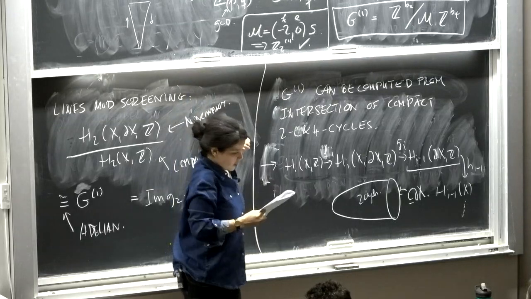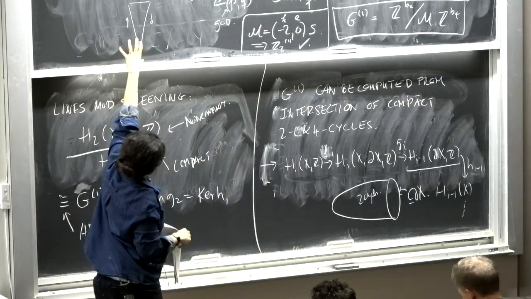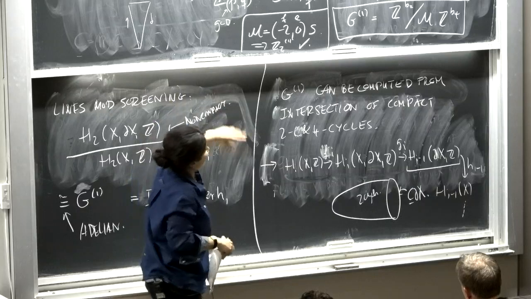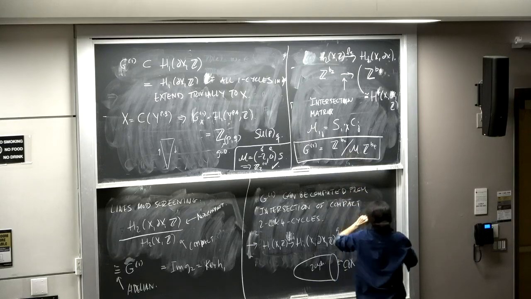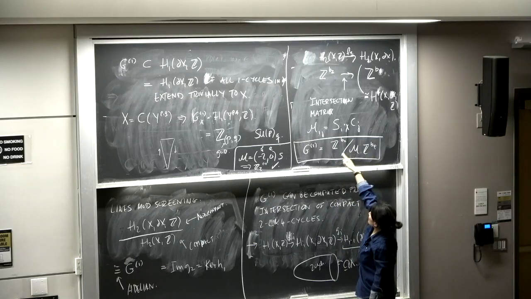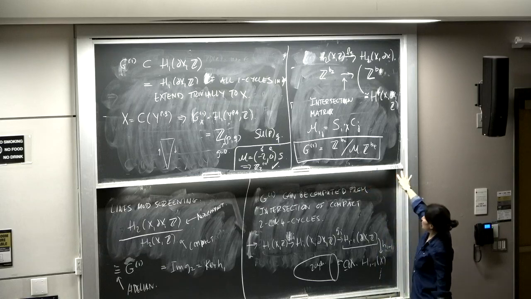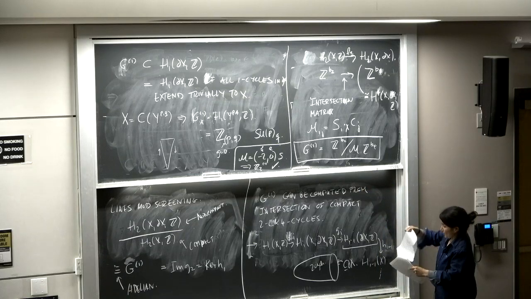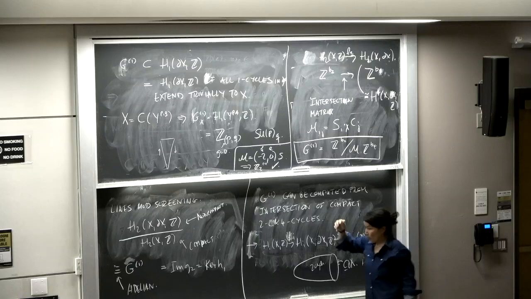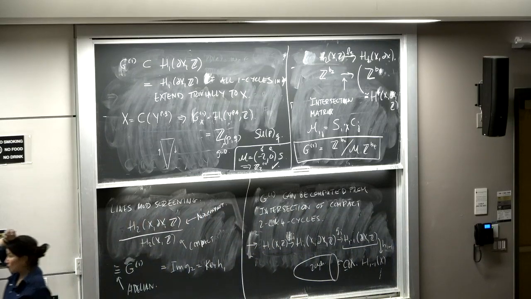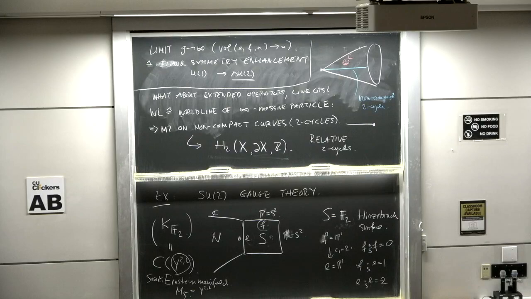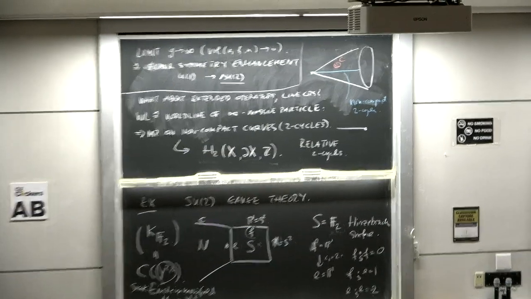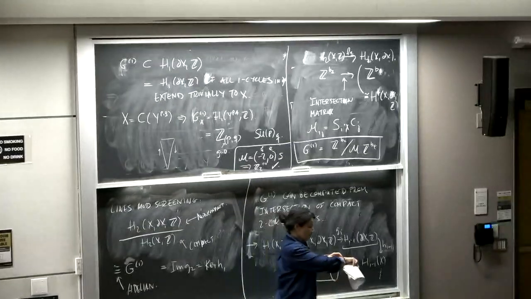So either you know what the 5-manifold is and you compute the first homology, or you know the intersections of compact curves and compact surfaces, and then you compute essentially this quotient of this one lattice over the other. Cool. So that explains how from the non-compact curves in the geometry we get line operators. When we take into account screening, we get the one-form symmetry, and indeed this seems to be consistent with the picture that this actually is engineering an SU2 gauge theory.